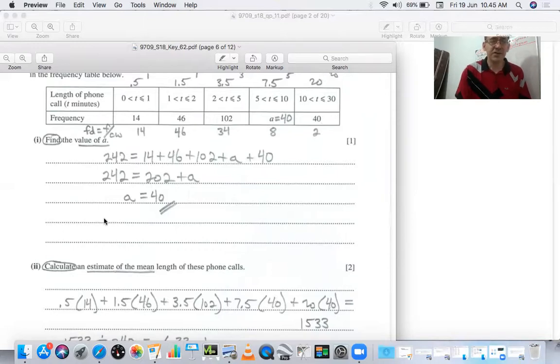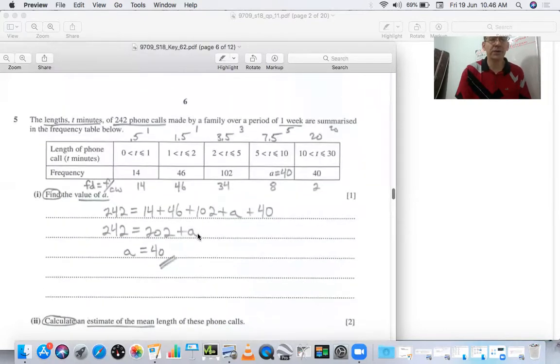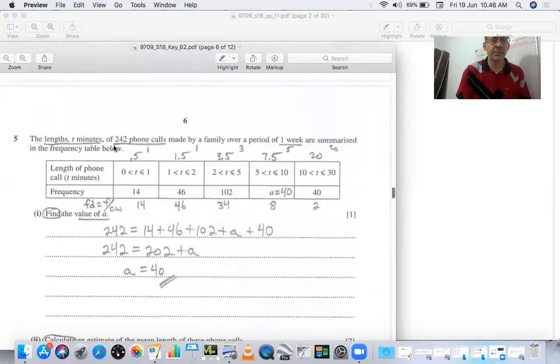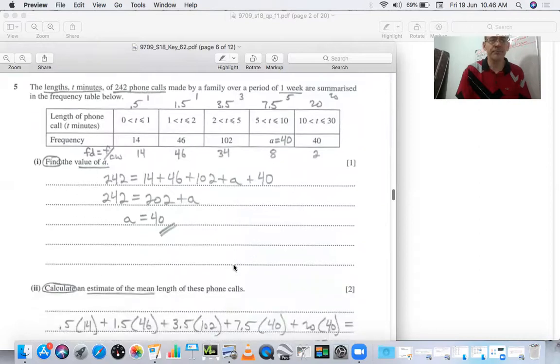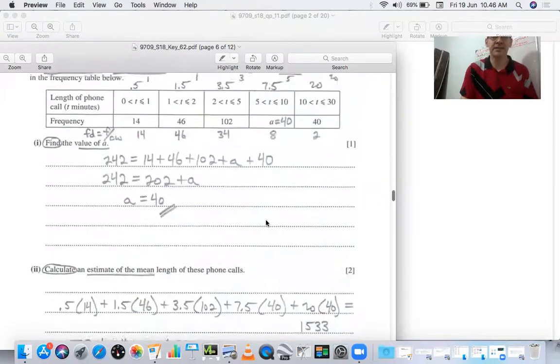So this is summing up the frequency times the mid-class value, and then we take that and divide it by the total frequency, which we were given up here, the 242, and we get 6.33 minutes.